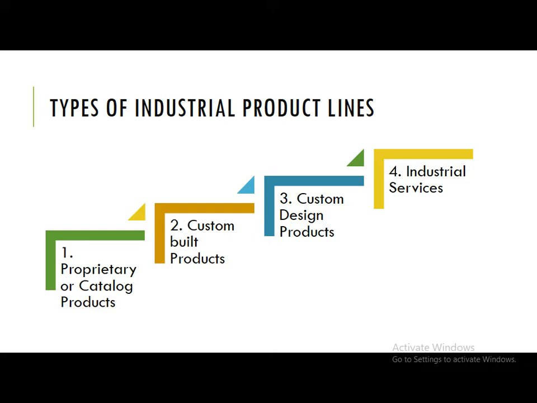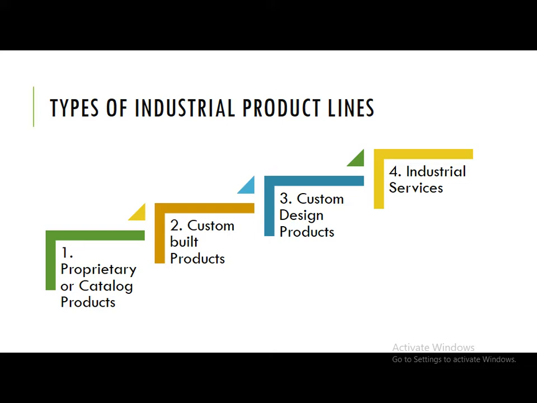The product line decision in the case of such products centers on offering the proper mix of options and accessories. Third is custom design products. These products are created to meet the requirements of one or a few customers.